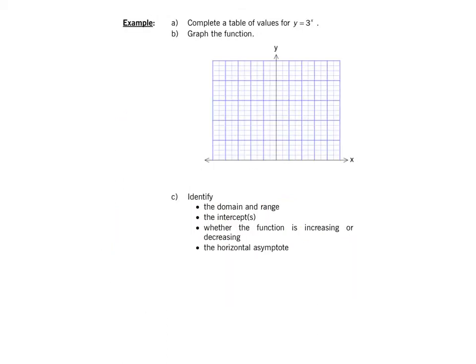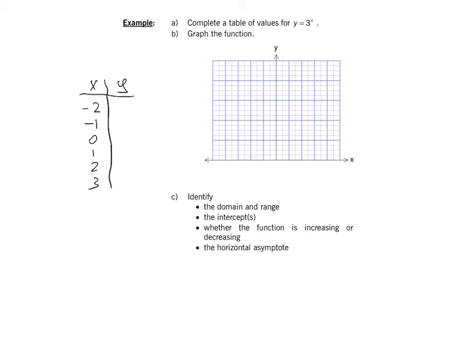Okay? Now, the next example says to complete a table of values for y equals 3 to the exponent of x. So, here is x, here's y. Let's go -2, -1, 0, 1, 2, and 3.